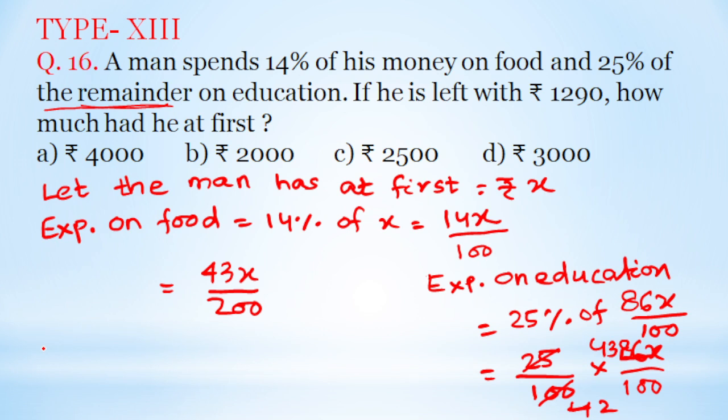Now after this he is left with rupees 1290. So I have to write this equation like this.